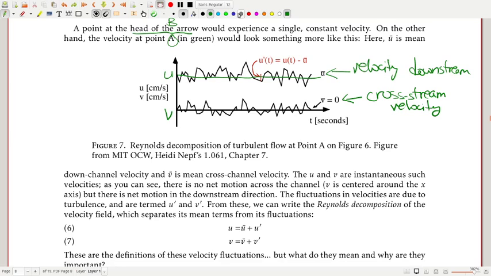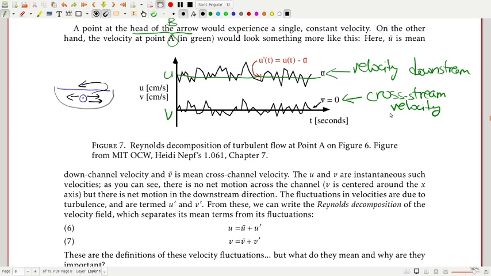So if we have a river channel, and we're going to have flow in this channel moving towards us, one thing that we know is that there isn't going to be any net cross-stream velocity, and that's because the channel walls are in the way, right? So if all the flow starts moving over this way, it's just going to pile up and then flow back over to that side. So there are no net cross-stream velocities.